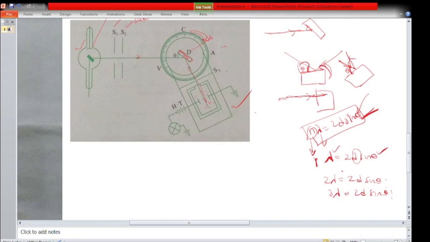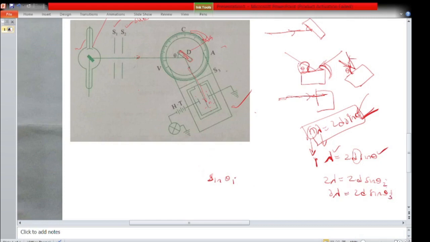Now if you consider those values, as you can see from this relation, sine theta will be in an order. I put sine theta 1, sine theta 2, sine theta 3, etc., because the angle will also be different in each condition.